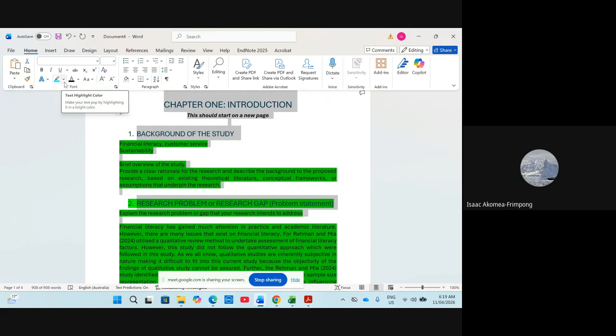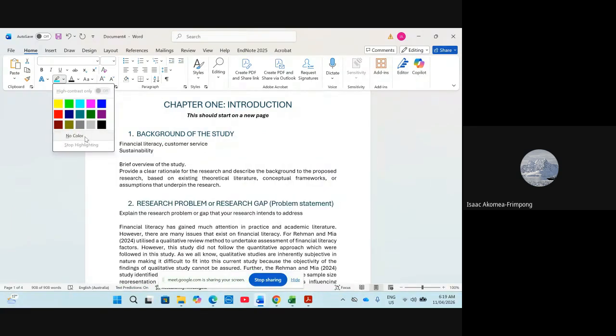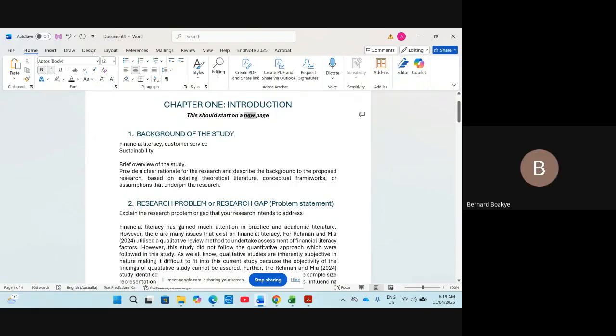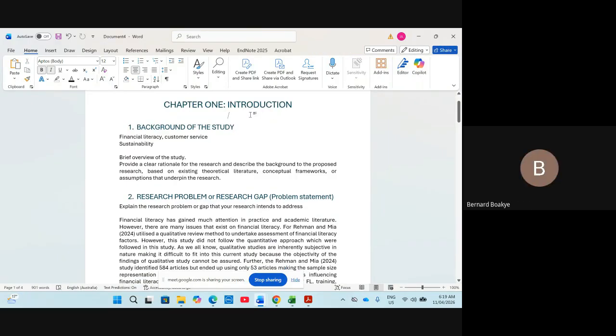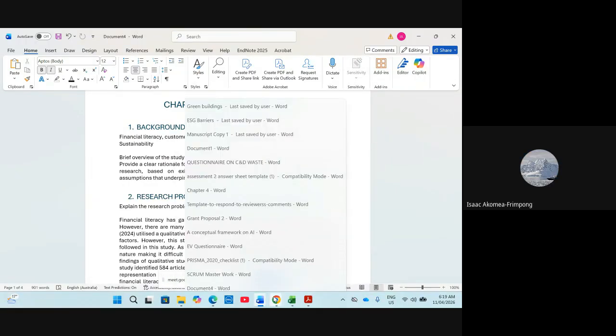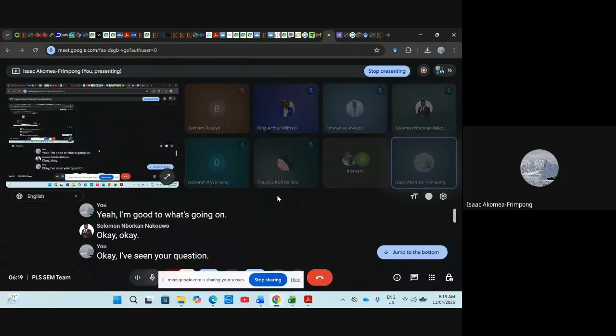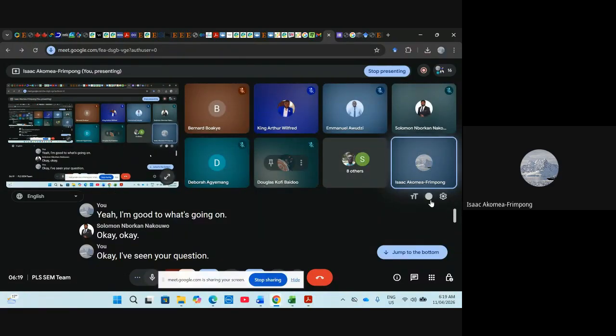Can you see my screen? I want to be sure. Yeah, we can see. We can see, but we will appreciate it if you make it a full screen. Oh, a full screen, I see. What is showing?